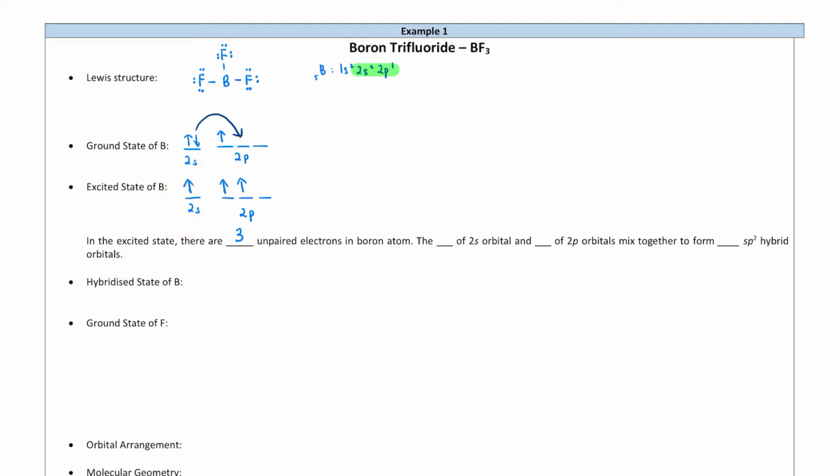So one of the 2s orbital and 2p walaupun ada 3 orbital, tapi 2 orbital je yang kita akan mix them up. Dan dia akan form sp2 hybrid yang ada 3 lah. Dia akan form 3 sp2 hybrid orbital.